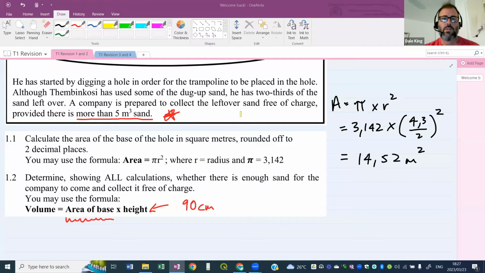Mbula, you answered something there. That looks like the volume of this hole.